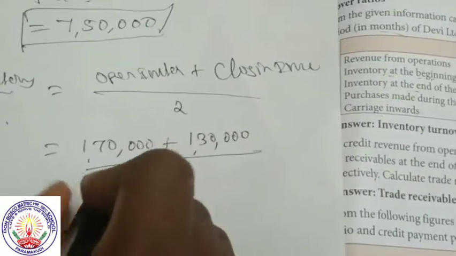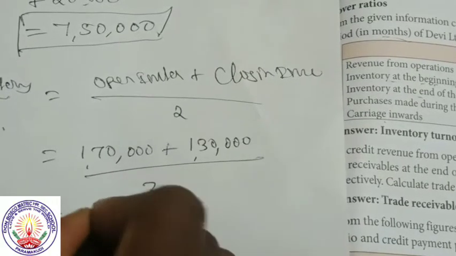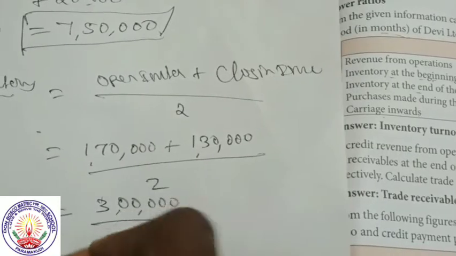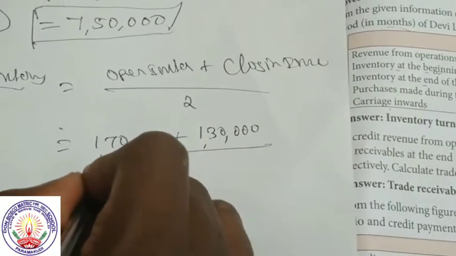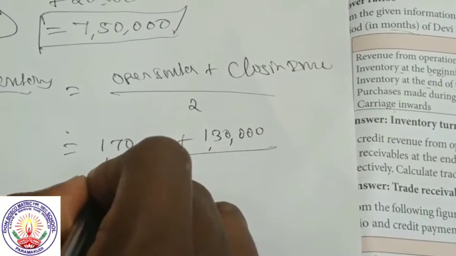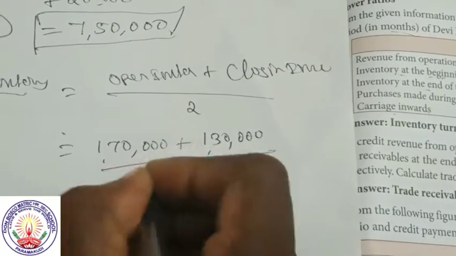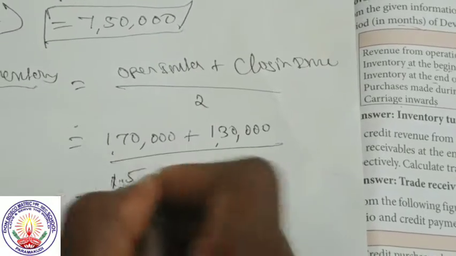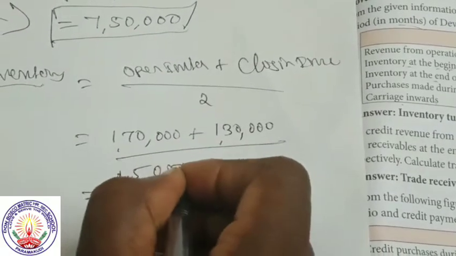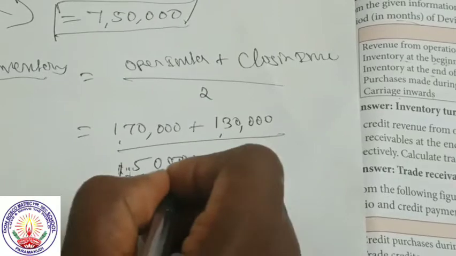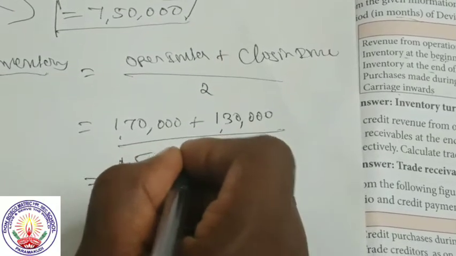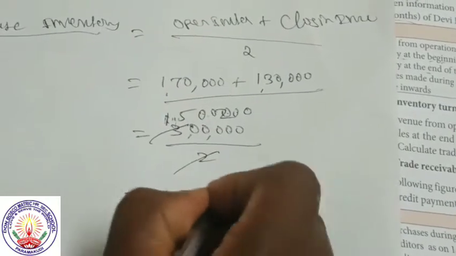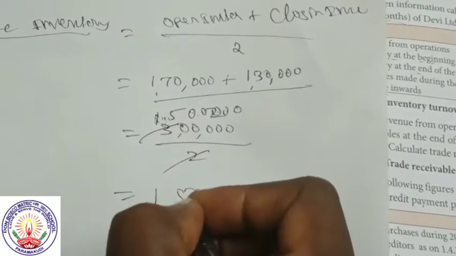Total 3 lakhs. 3 lakhs divided by 2 gives 1.5 lakhs, that is 1,50,000 as the answer.